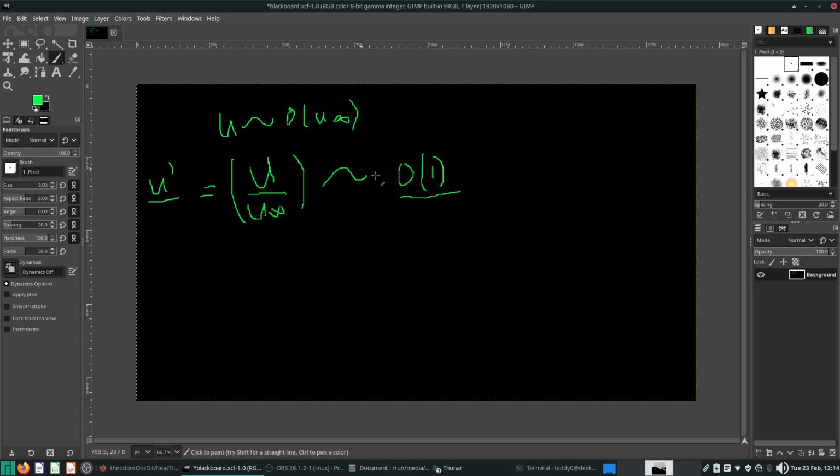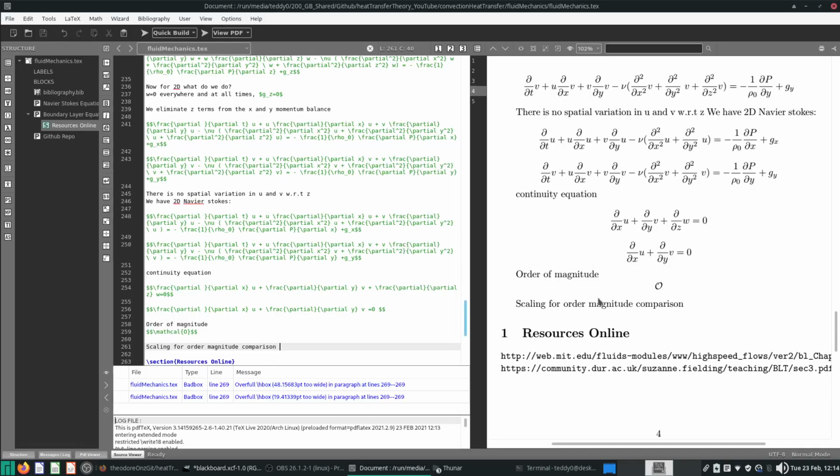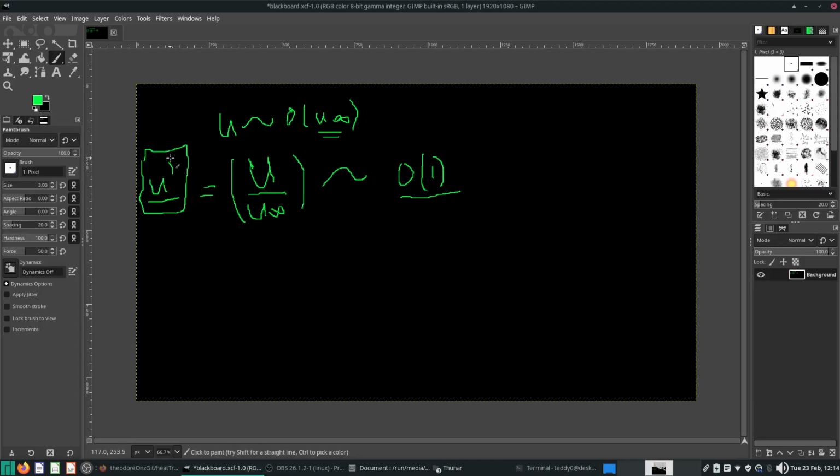This is on the order of magnitude of 1 because I said earlier that this u velocity is on the same order of magnitude as u infinity, the free stream velocity. To make it easier to compare, I want to change all the variables in these equations to dimensionless variables. Why?